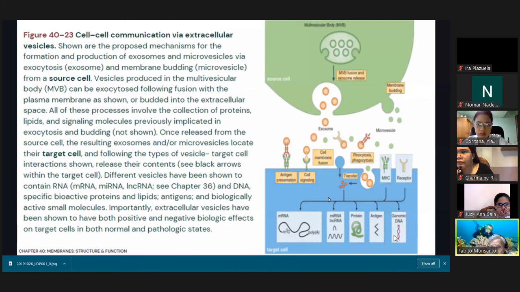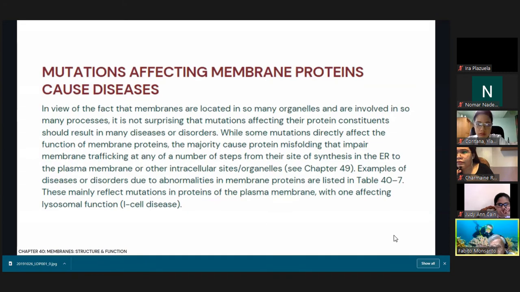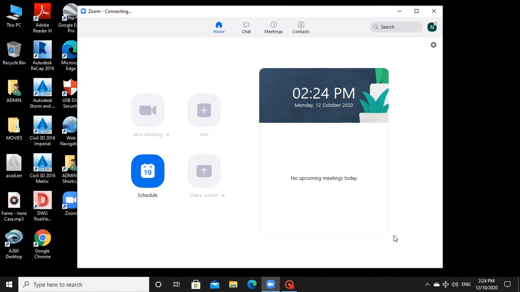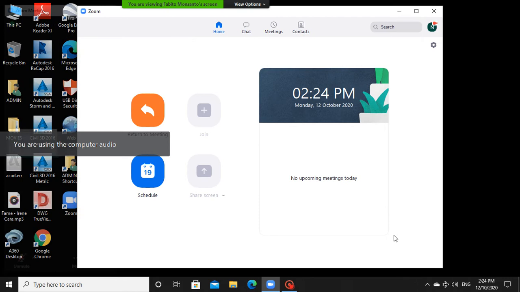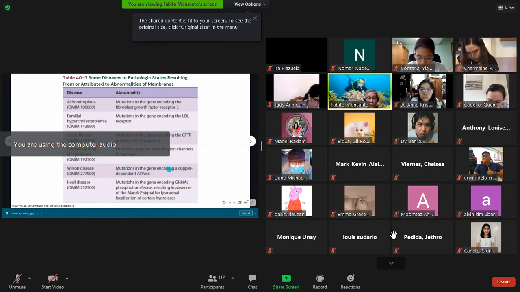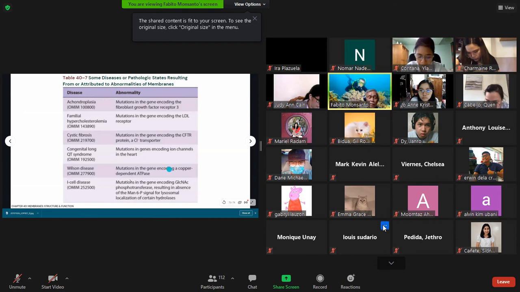The diseases, of course, that are formed here are not common. They're not due to mutations. Okay.